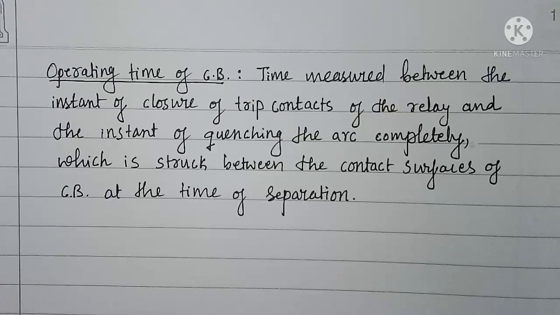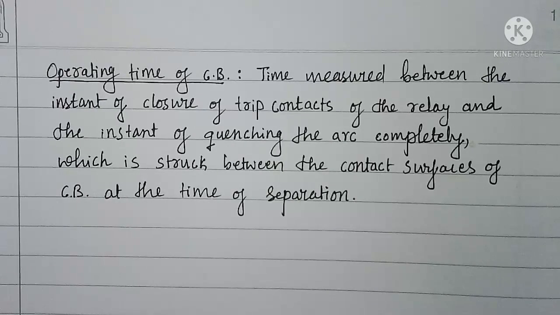At the instant of separation of these contact surfaces, there will be ionization of the medium between the two contact surfaces, which leads to striking of the arc. Circuit breaker is said to be operated completely when the arc so struck is quenched completely.